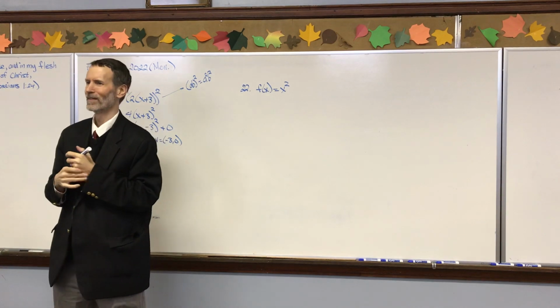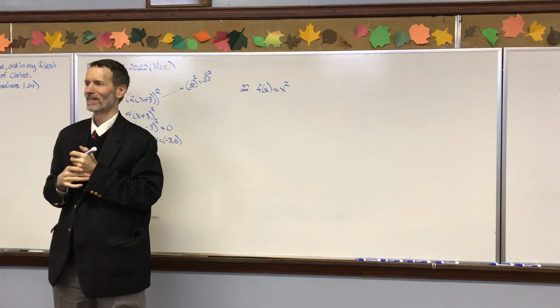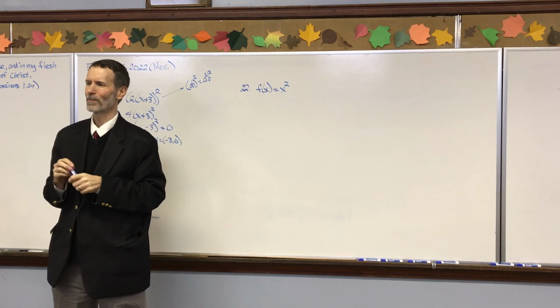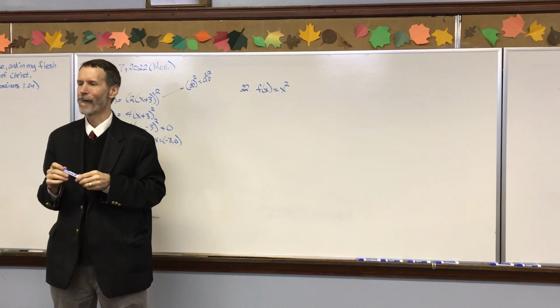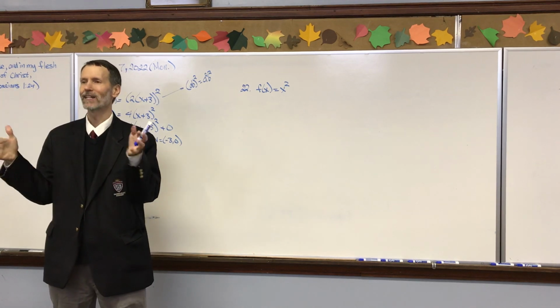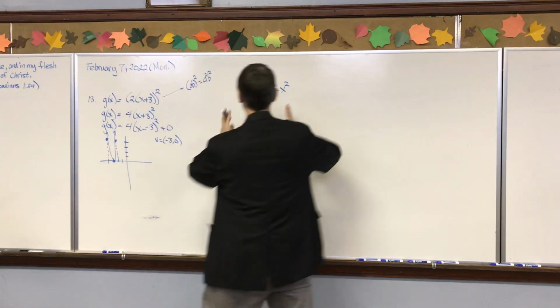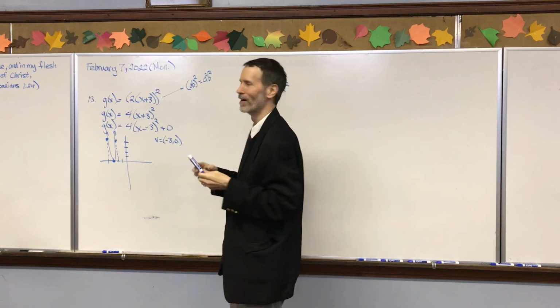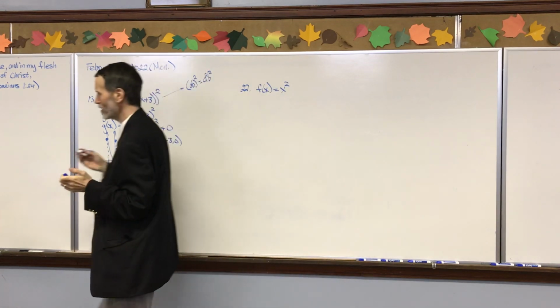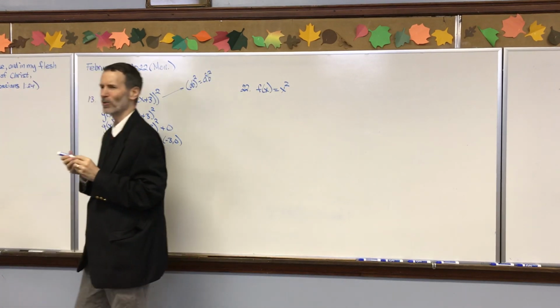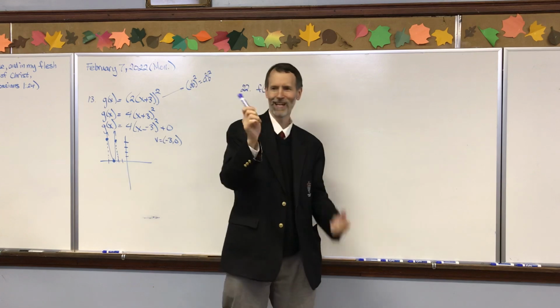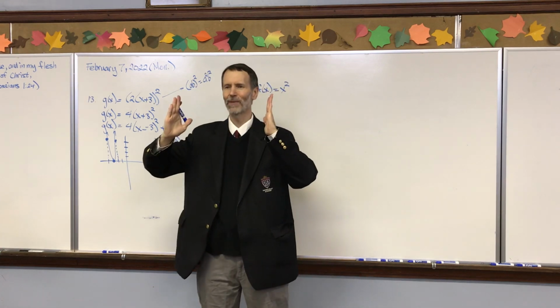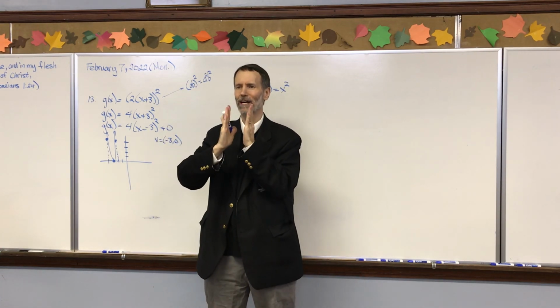Physically, what would happen if I take something and compress it horizontally? The graph would get smaller left to right. Yeah, it gets thinner. Compressing horizontally is crushing it left to right, making it thinner. So compressing it horizontally by a factor of 2, what did I just do?